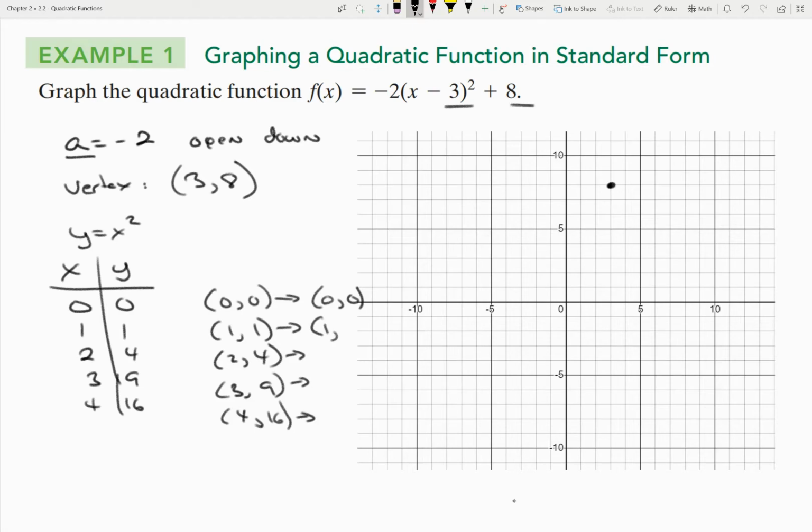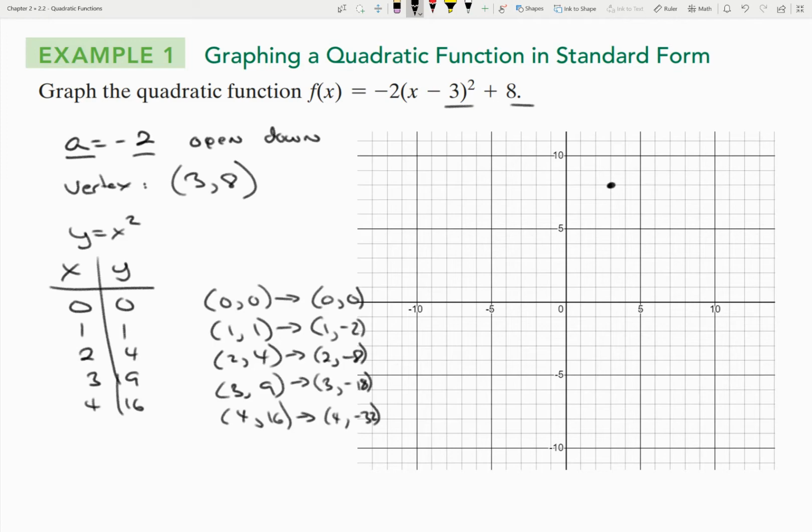Instead of going right 1 and then up 1 from my vertex, I'm going to take the output 4 and multiply by a. Take the output 9 and multiply by a, by -2. And then this is going to be off the graph at some point, so we're not going to have to graph all of these points.